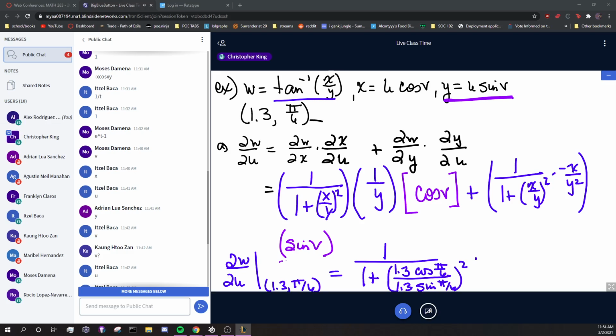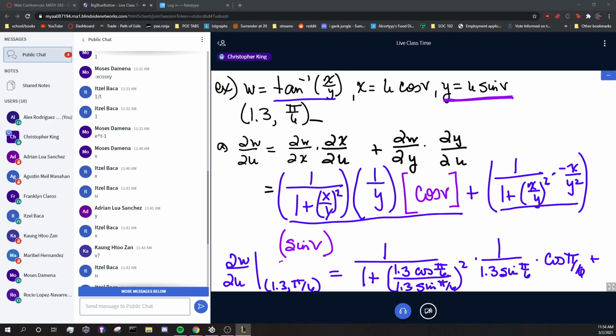Then I'm going to multiply by 1 over y. So that's going to be 1 over 1.3 times the sine of pi over 6. Then I'm going to multiply that by the cosine of pi over 6. Okay, so that's just plugging in that piece. And then we'll do the same for this piece over here.